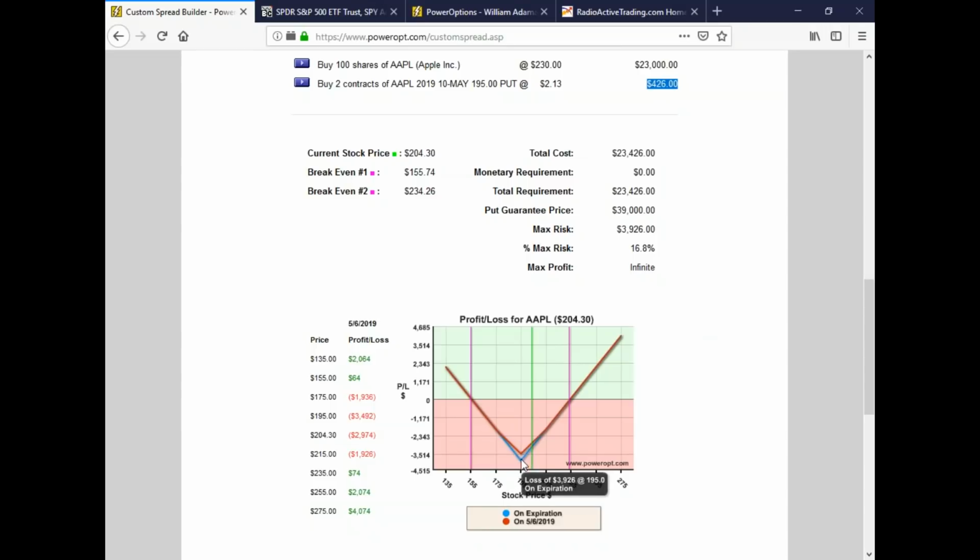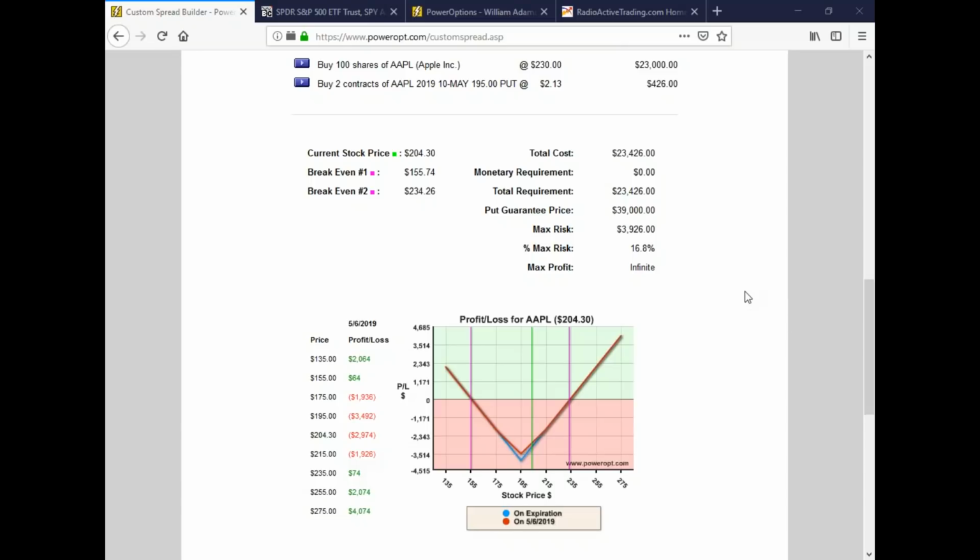We go to a loss of 16.8% if it's right at 195. But if it really collapses 50 points, I don't think it would do that. I don't know if you'd want to do this. It'd be better just to hold it at the 16% if it falls. And if it falls further than 195, you can roll it. And if it moves up more than 2 points, guess what? You made back what you paid for the put with the unrealized gain, okay?